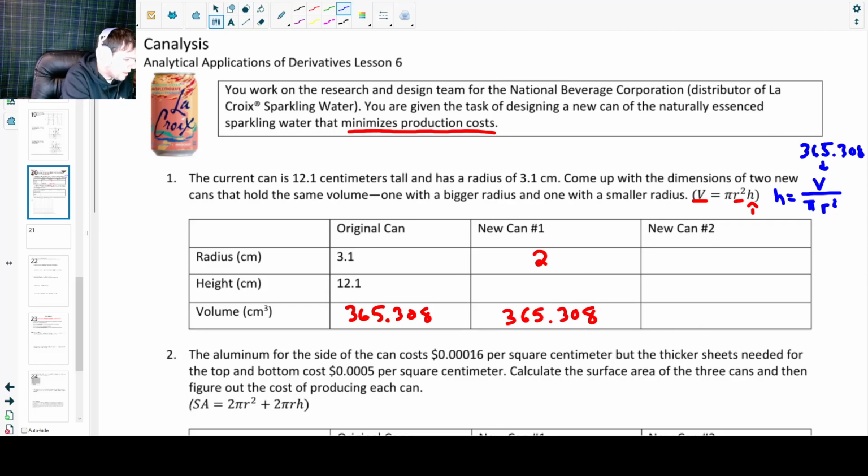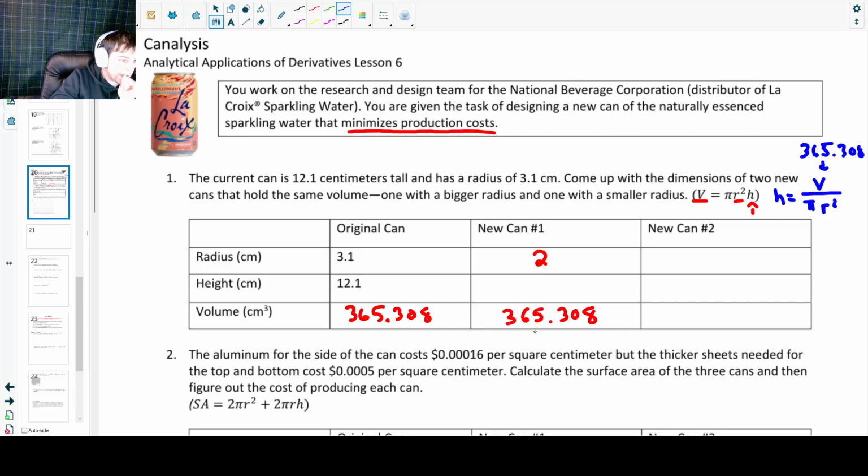So again, on my calculator here, I'm doing 365 divided by pi times 2 squared, because that's our new radius. And in doing that, I got a very large height there, right?